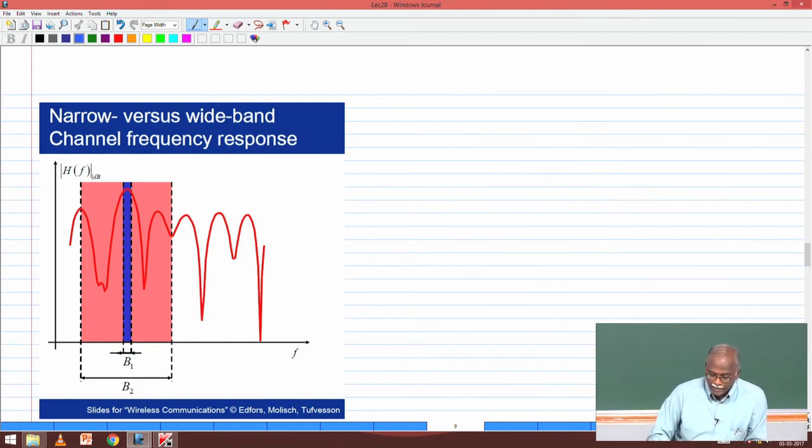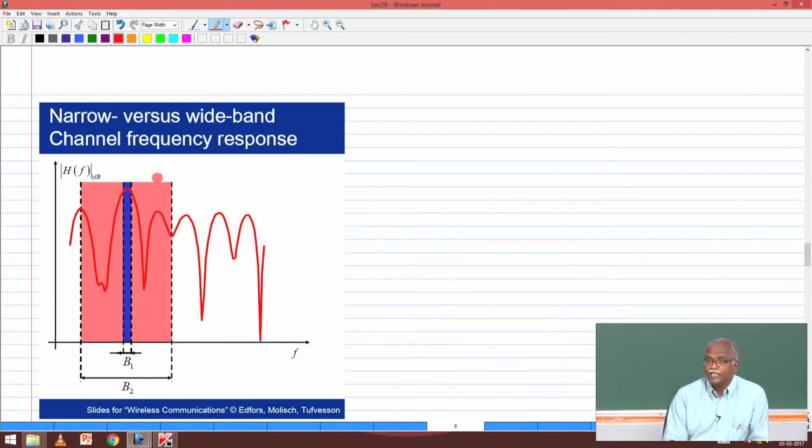Now, the red line, which is the response of the channel, is your actual response based on the multipath that is present in the channel. Now, if my signal bandwidth was the blue one, we said that this would be a narrowband signal because it would look like the channel is almost constant over the bandwidth. Okay.